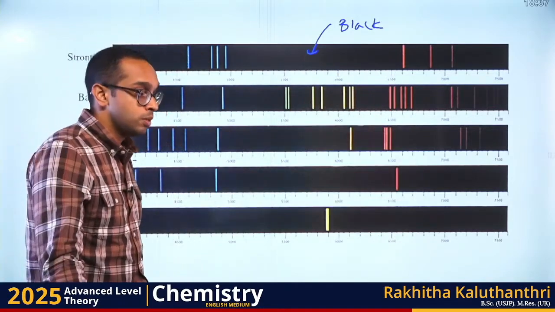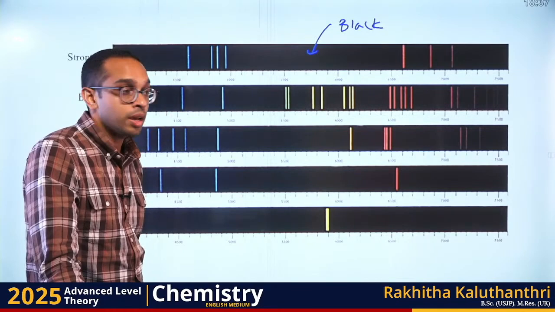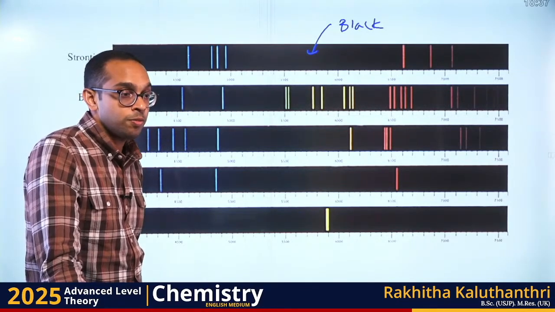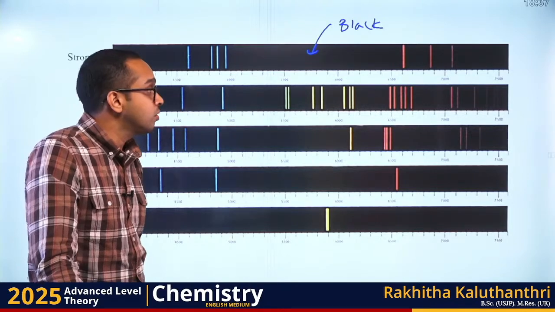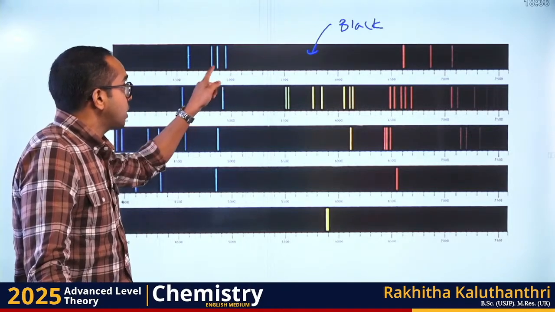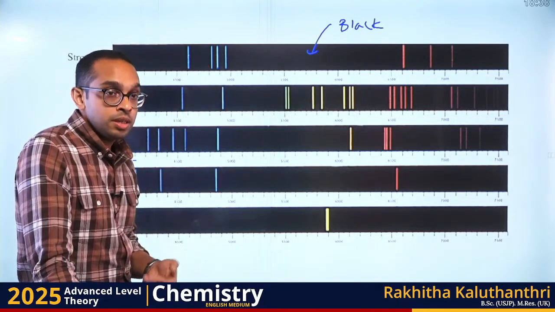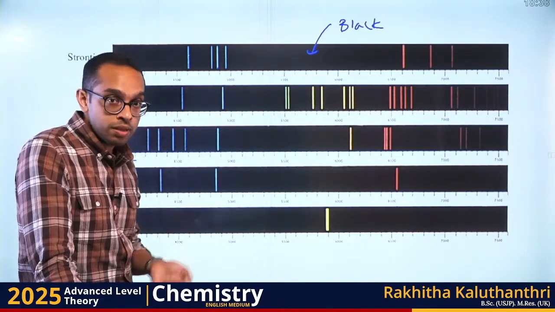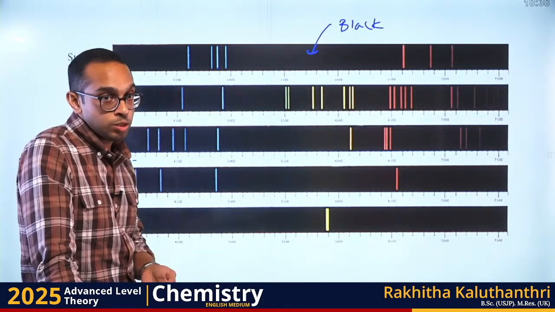So therefore there can't be any light produced there, or there can't be any type of glowing effect, because there aren't any wavelengths within that region. Only when you see these types of different lines, those lines represent different colors or different wavelengths that are going to be found in each of these emission spectra.